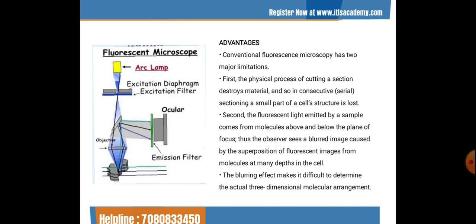Second, the fluorescent light emitted by a sample comes from molecules above and below the plane of the focal. Thus, the observer sees a blurred image caused by the superposition of fluorescent images from molecules at many depths in the cells. The blurring effect makes it difficult to determine the actual three-dimensional molecular arrangement.